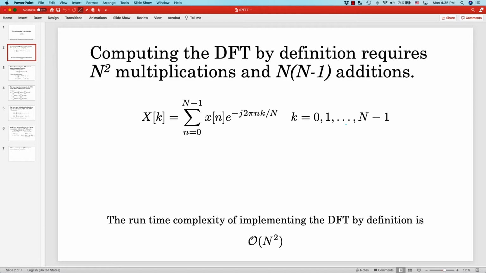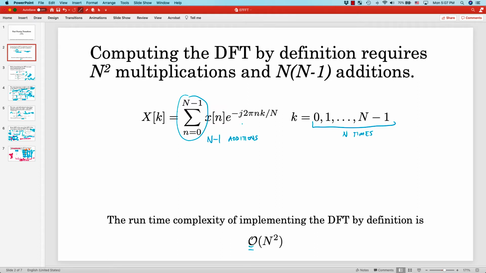And so if we look at this sum carefully, there are n terms, which means there are technically n minus 1 additions. And then that is done n times. And then also within each of these sums, there are n multiplications, because every term has a multiplication between these two factors.